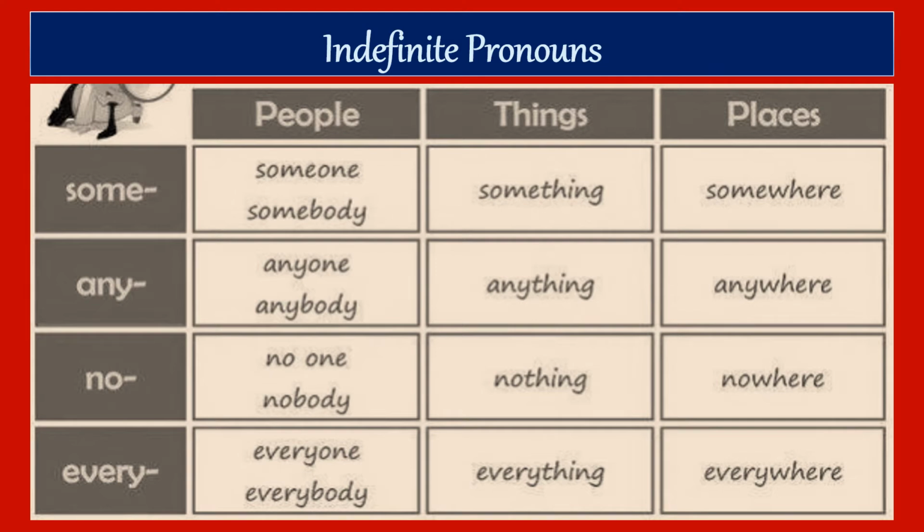In column 2, under the word things, we see something, anything, nothing, everything. In column 3, under the word places, we see pronouns such as somewhere, anywhere, nowhere, and everywhere.